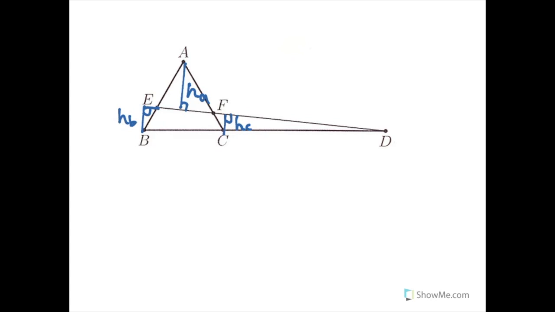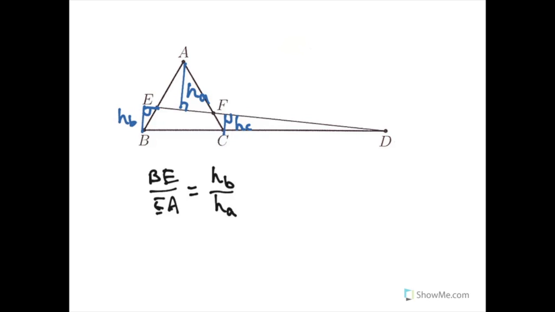Now first, we notice that the triangle here is similar to this triangle here. And thus we can write that the ratio BE over EA is equal to the ratio of the heights of the triangles, which should be h sub b over h sub a.